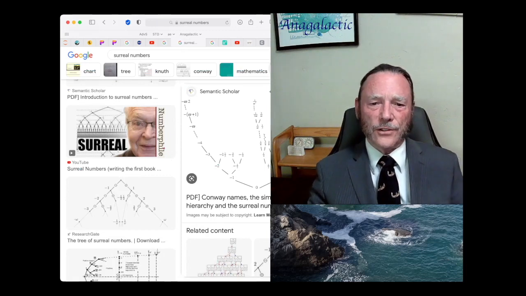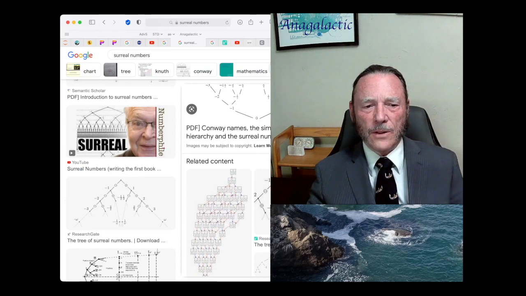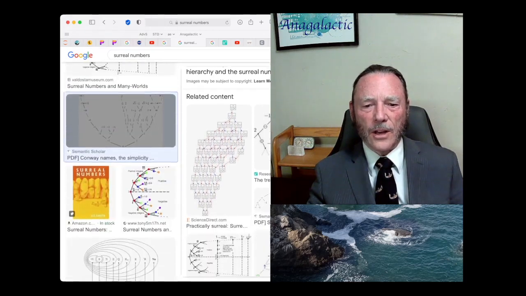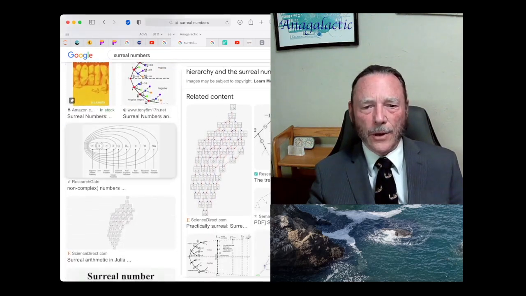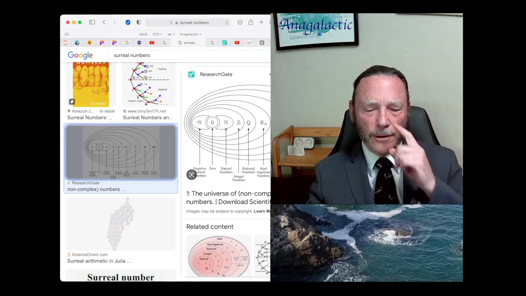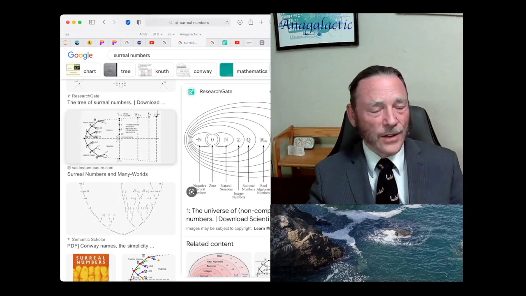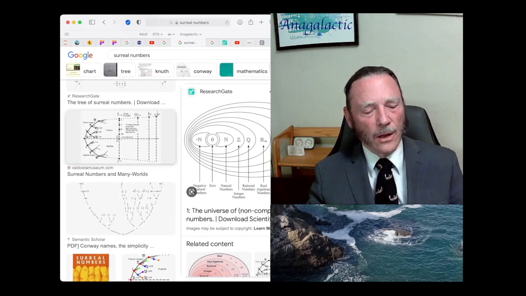Here is his tree. You can see this in various diagrams of this.